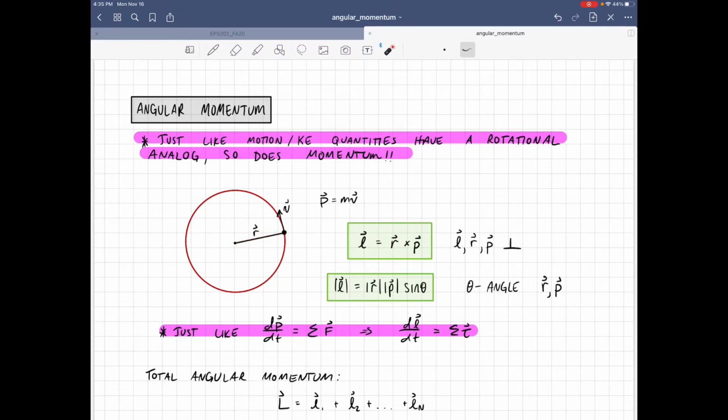Now, since this is a cross product, that means L is perpendicular to both r and p, and then the magnitude of the angular momentum is just like any of our cross products, the magnitude of r multiplied by the magnitude of p, and then multiplied by the sine of the angle between the two vectors, right? So that's what theta is corresponding to, the angle between r and p.